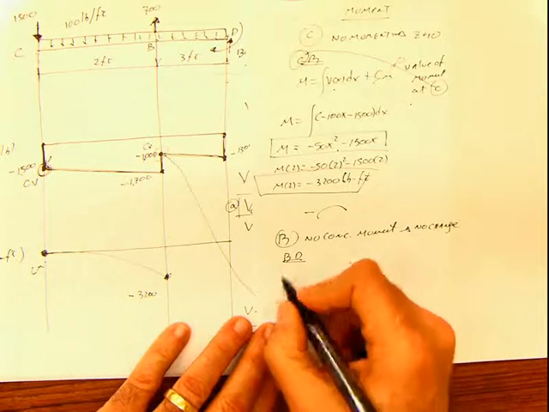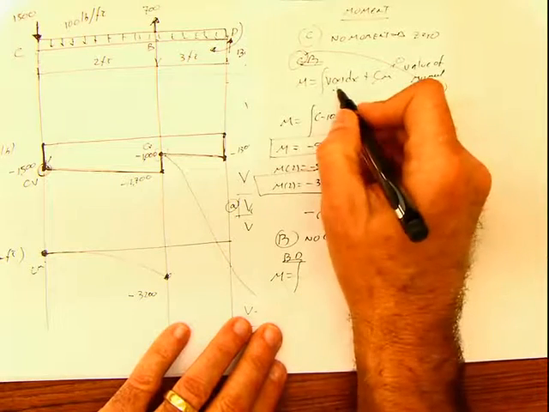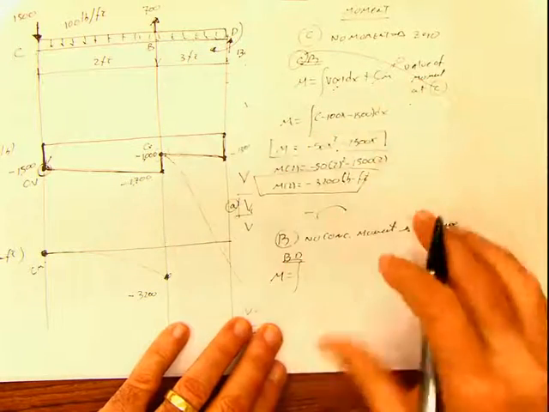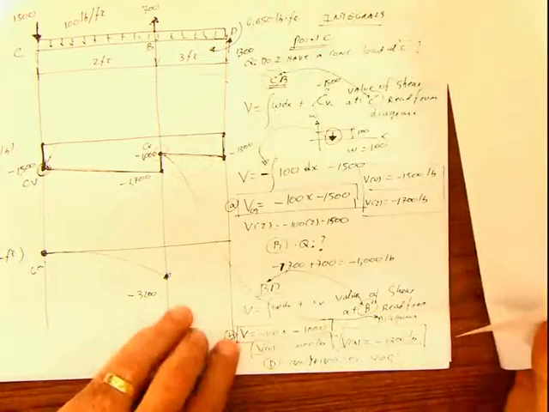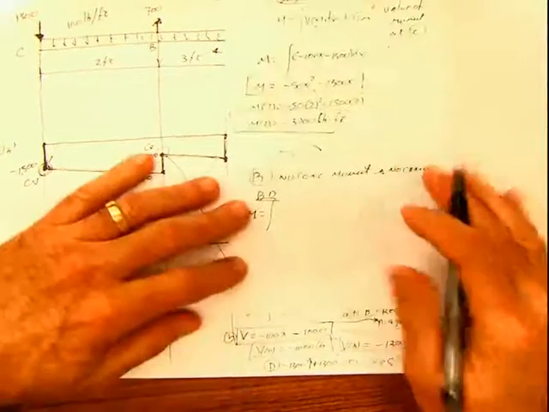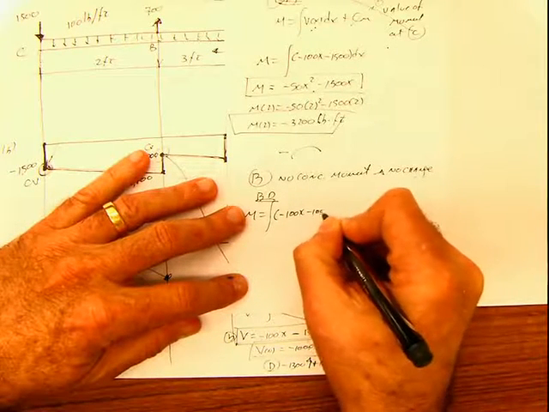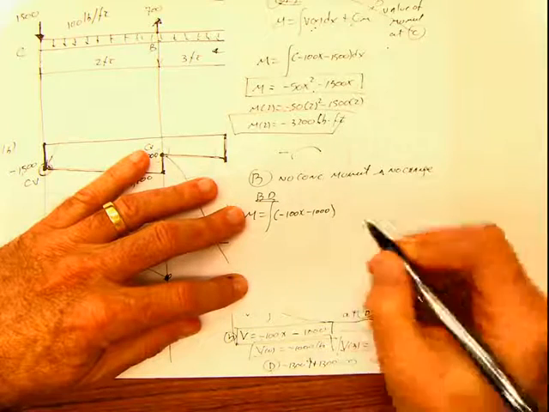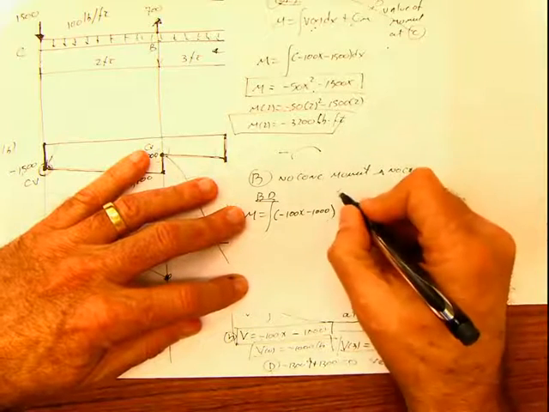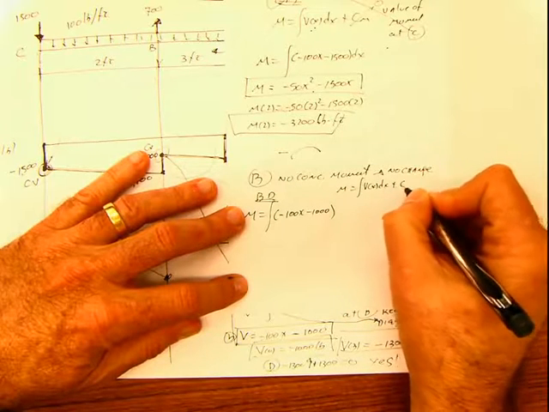BD, the moment is going to be the integral of the shear. But the shear is the shear of this span. And that shear is this shear that we calculated here before. So then the moment is going to be the integral of this, negative 100x, negative 1000. Let me put the equation here. Moment is the integral of V plus Cm.